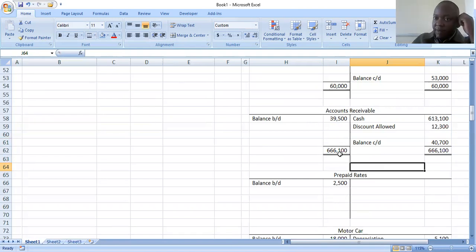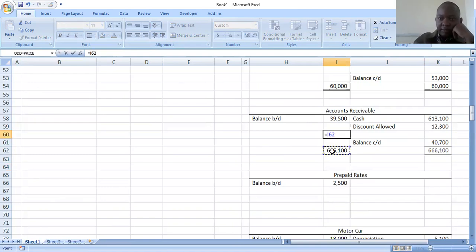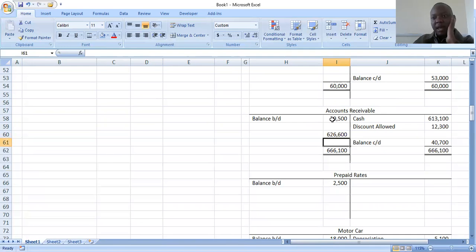So we have the balancing figure. We can see that the debit side of accounts receivable is less than the credit side, and the difference is 66,100 minus 39,500, which is 26,600. So the accounts receivable have increased by 26,600.